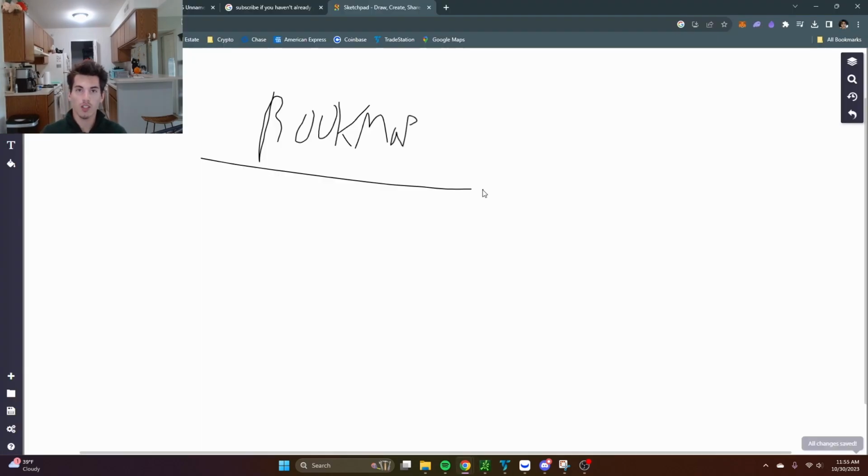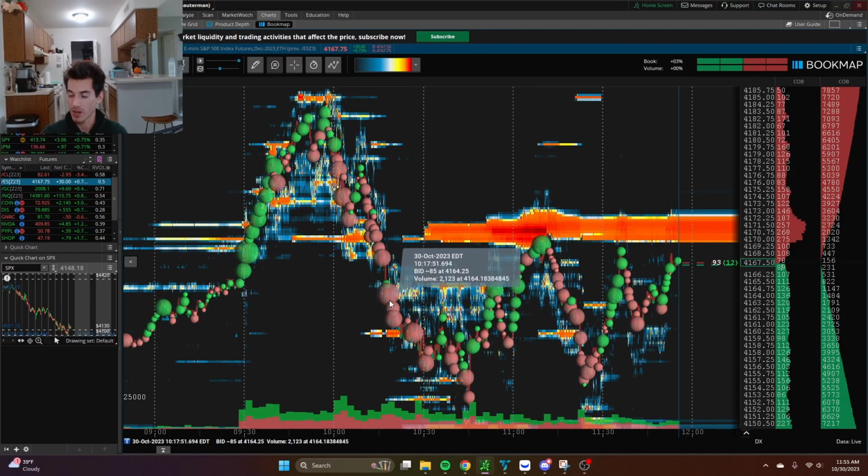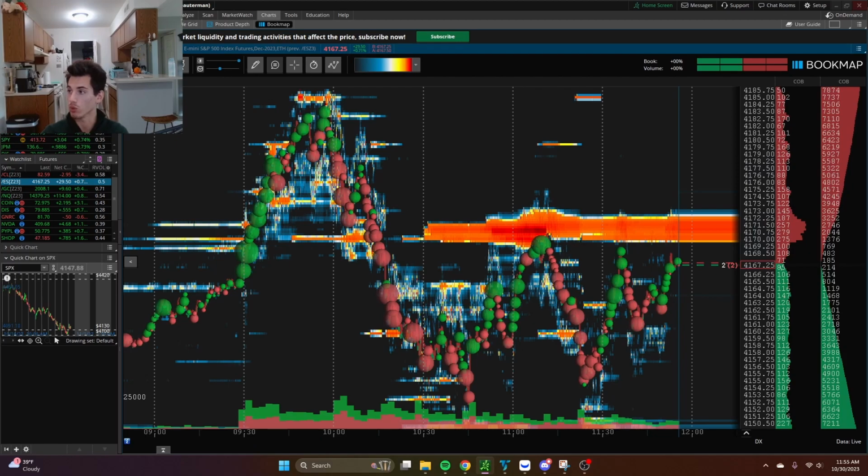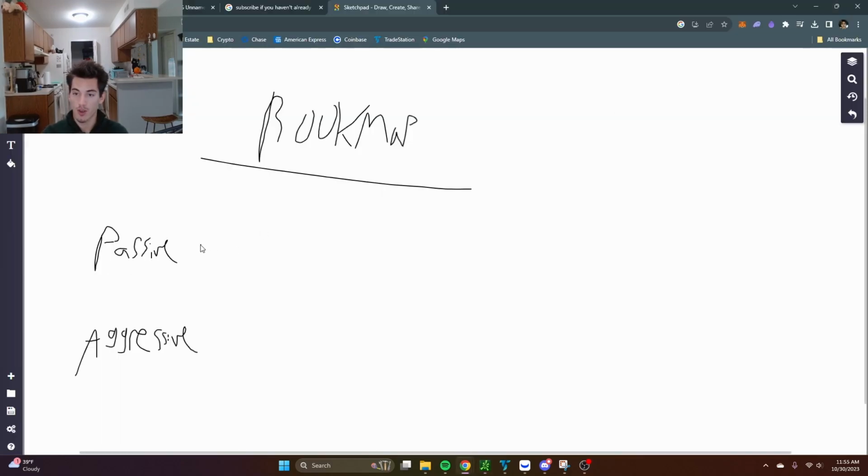So I want to talk about a passive order and an aggressive order, because now I'm going to go into what those green and red blobs are that you see right here and how to use them. First of all, a passive order is a limit order, right?